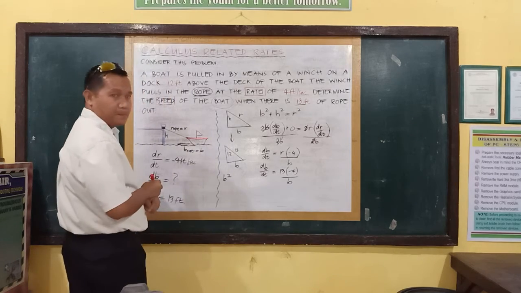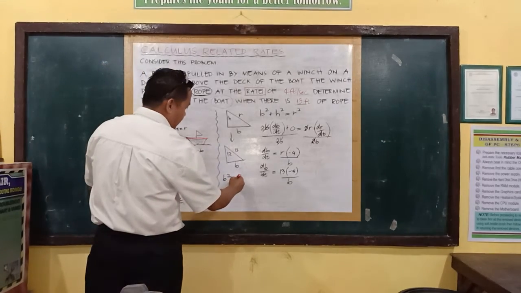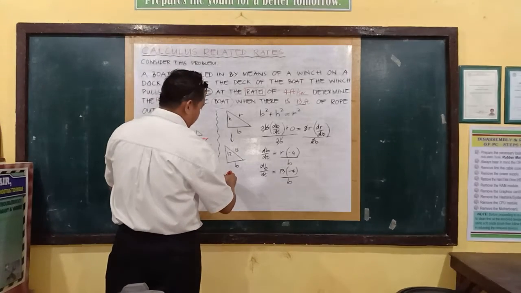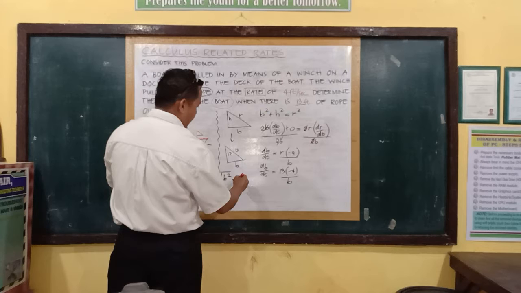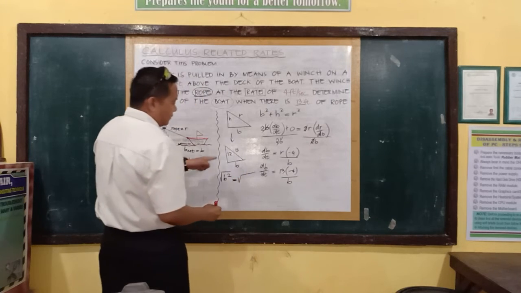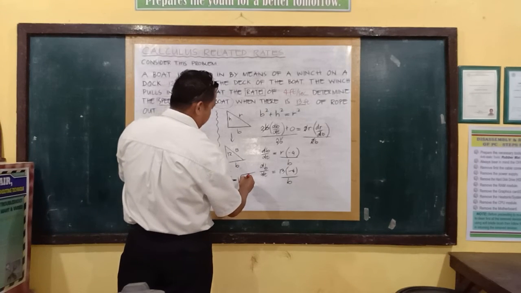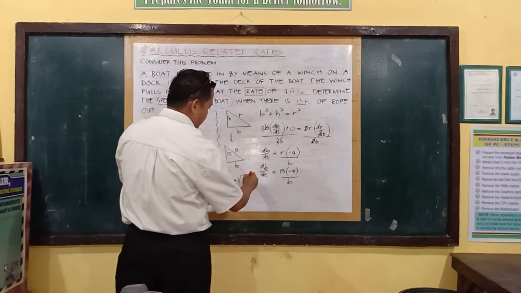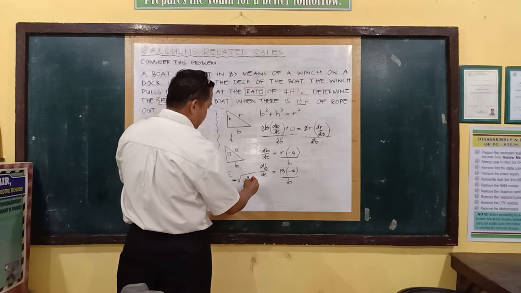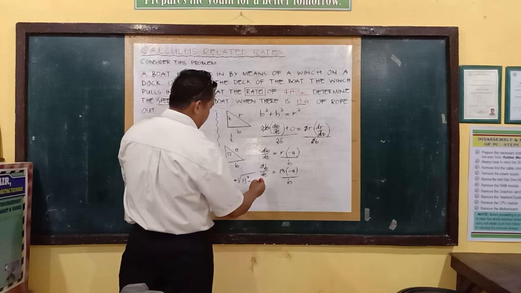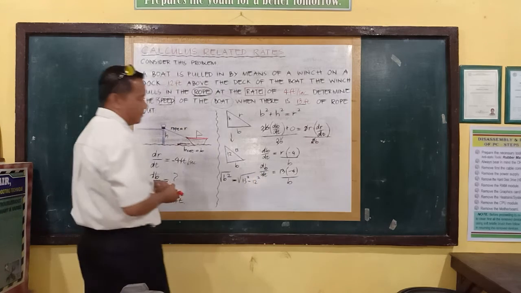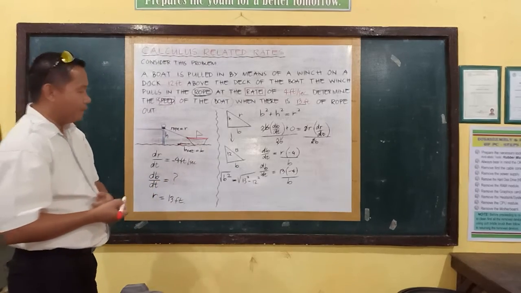base squared equals, or the square root of base squared equals the square root of 13 squared minus 12 squared. We are going to simplify it.